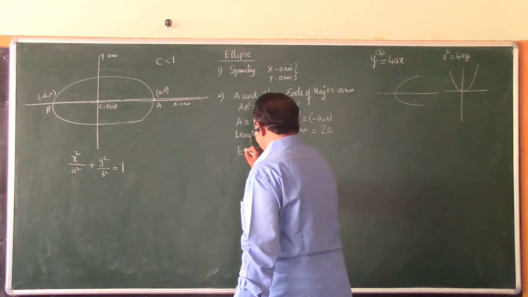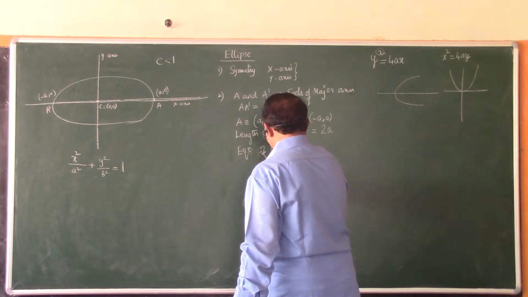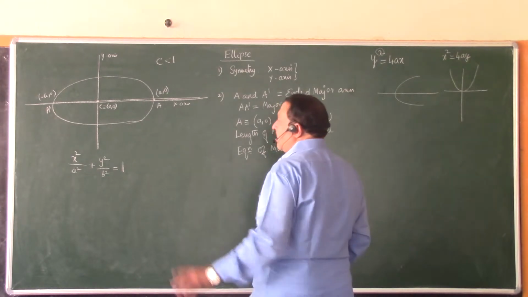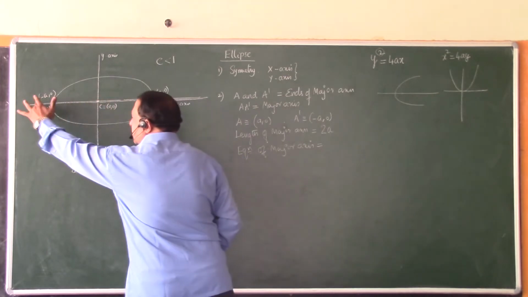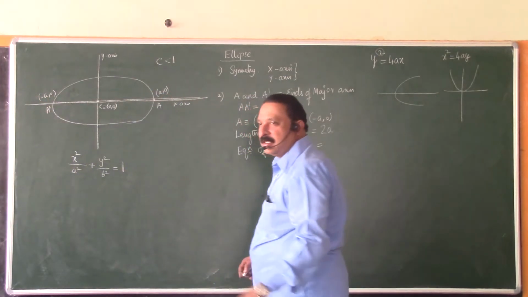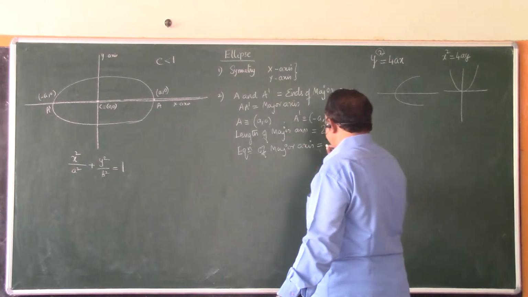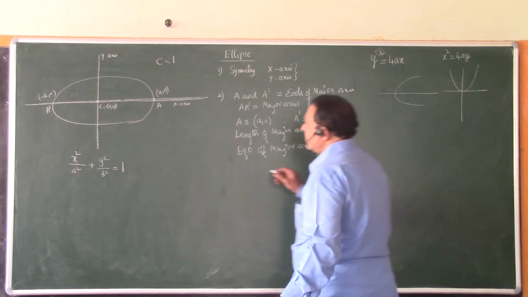And the equation of the major axis. The major axis is the x-axis. As you can see in the figure, the major axis is nothing but the x-axis, and the equation of the x-axis is y is equal to 0.